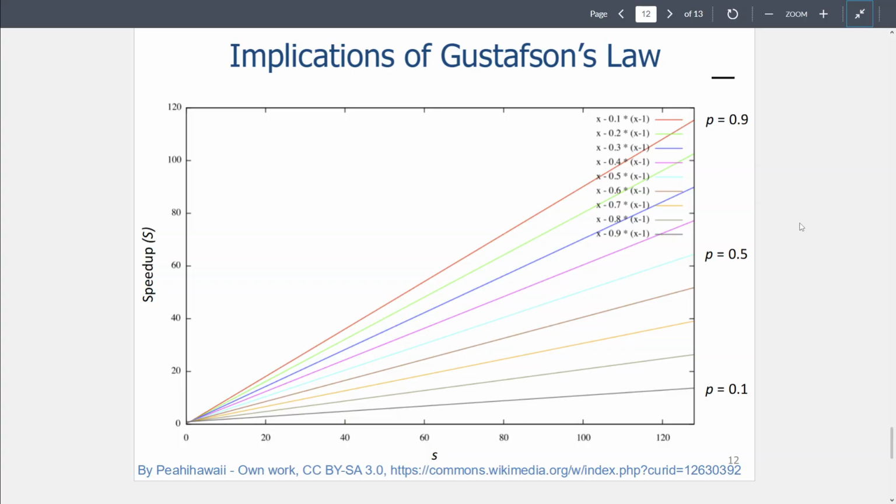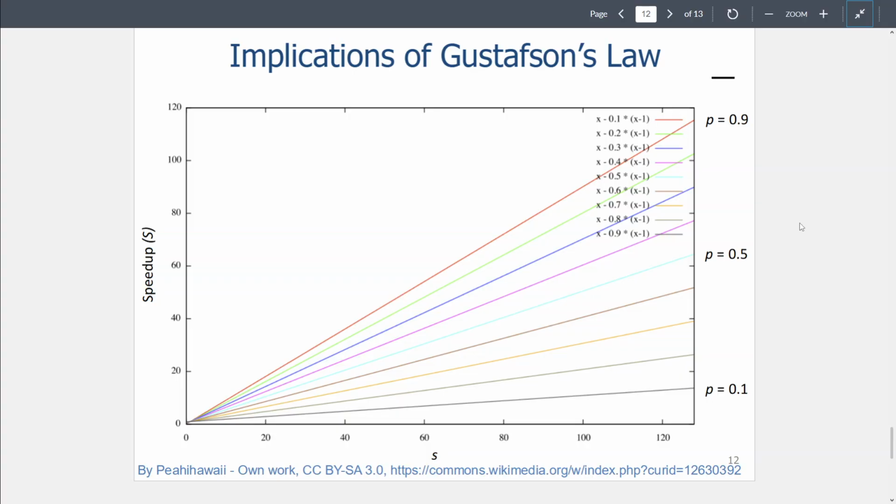If my problem size is scalable, if I can grow my problem as the number of cores grows, which, by the way, is very common, especially for LLMs. They want to make their matrices as big as they possibly can. So the more cores they have, the bigger the matrices they have, the bigger matrix multiplies they're trying to perform. So making those AI models is a perfect application of Gustafson's law.